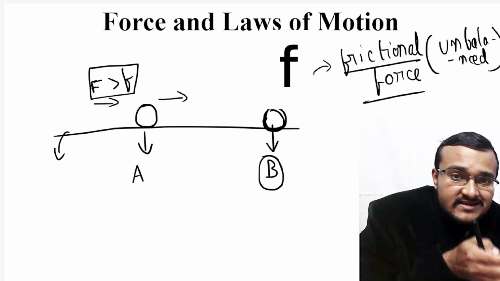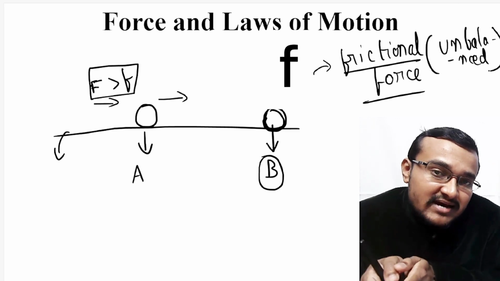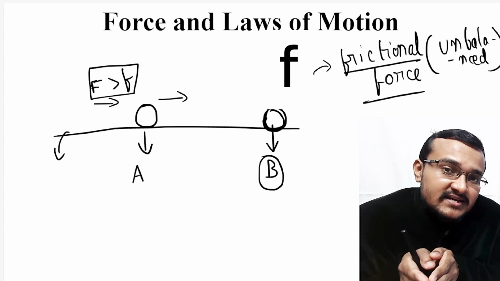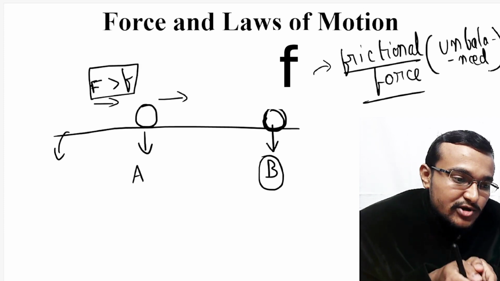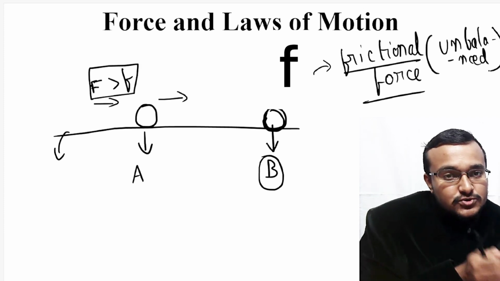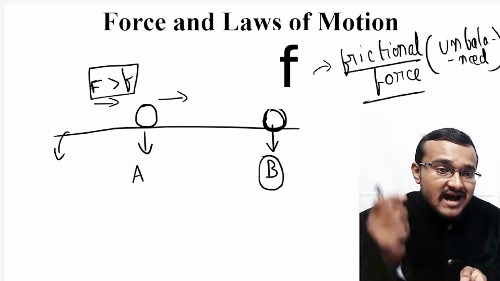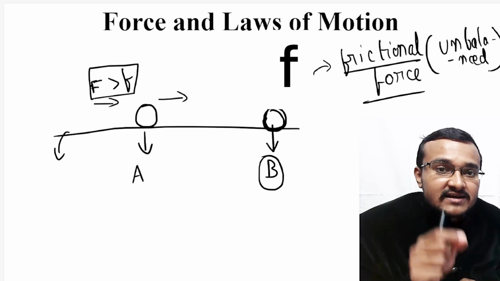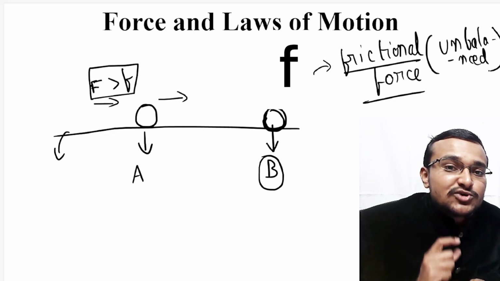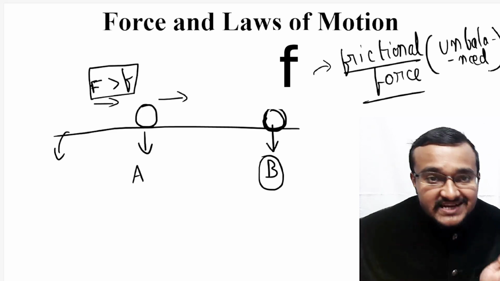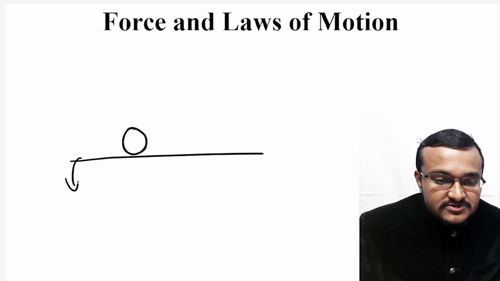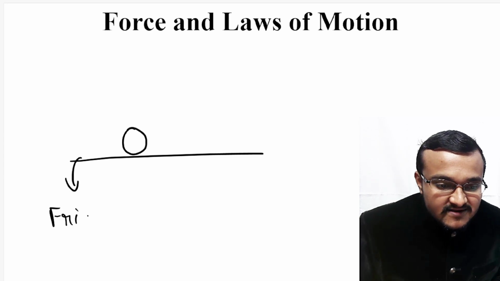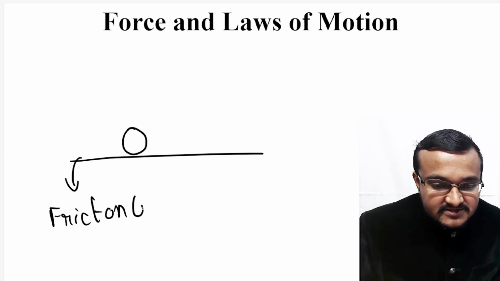But in the other case, there is no external unbalanced force which is actually making this object come to rest or to the state of motion. That means unless and until there is an external force acting on the object, that object will continue to be in whatever state it is in. Now we can assume this as a frictionless surface.